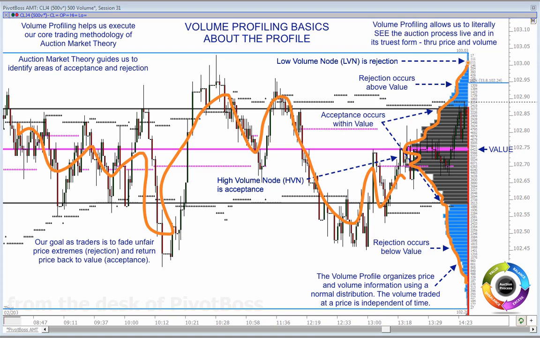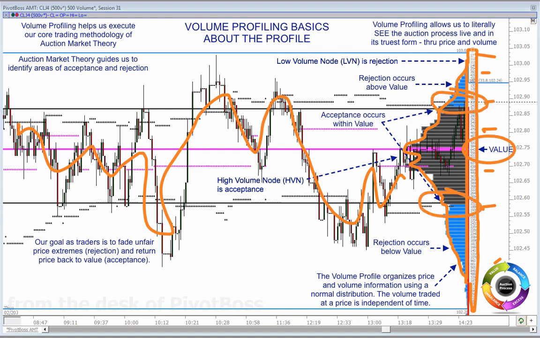All they need to see the auction is this profile with these volume distributions here, so they can understand where value is, where the top of value is, where the bottom of value is, where those upper rejection points are, and where the lower rejection points are. That's all you need to know.